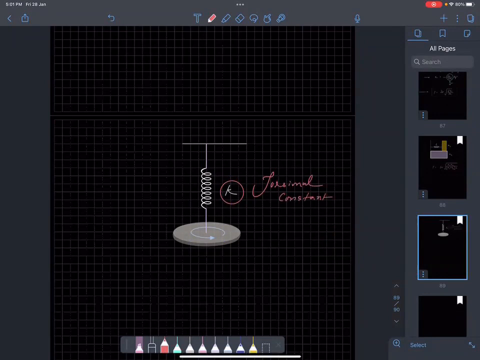It will behave the same as spring constant, but when we extend a spring, it gives you a restoring force. When you twist this spring, you give angular displacement to it, and it will give restoring torque.